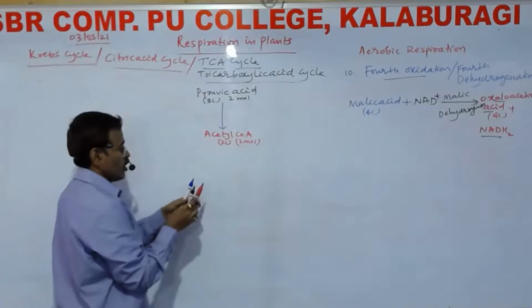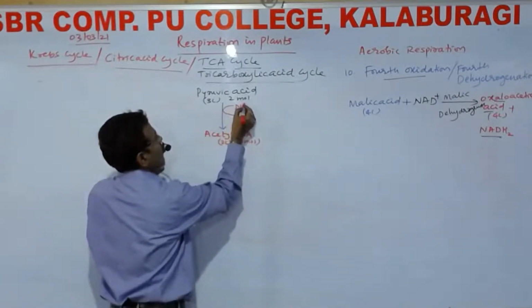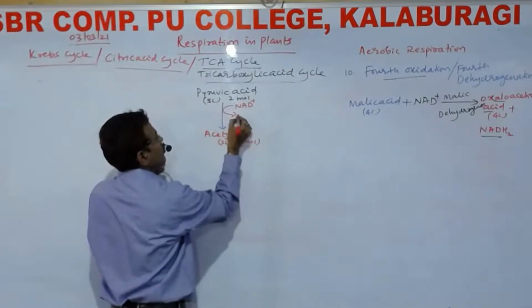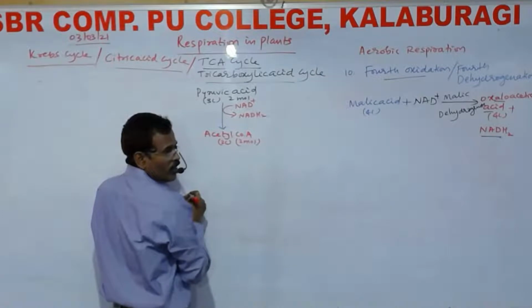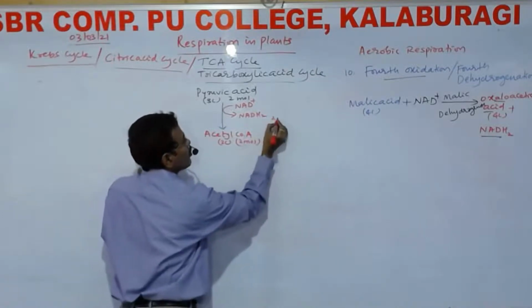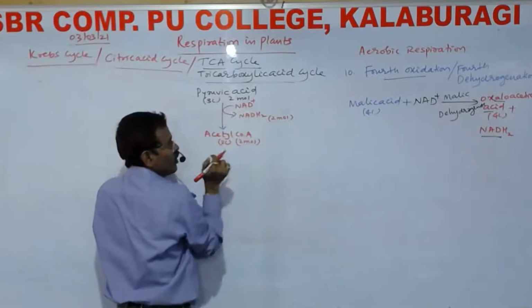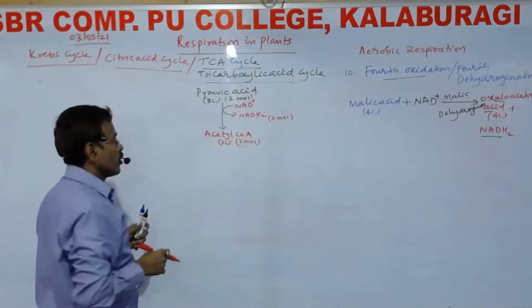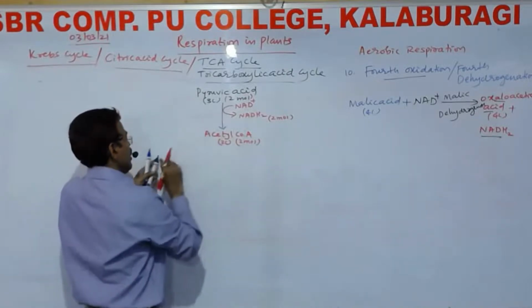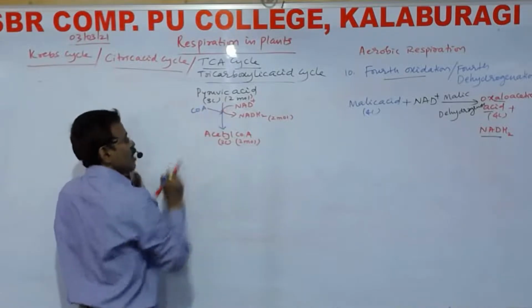Now you see here, there will be synthesis of NADH2. How many NADH2 molecules will be synthesized? 2 molecules, because pyruvic acid molecules are 2. There will be addition of coenzyme.